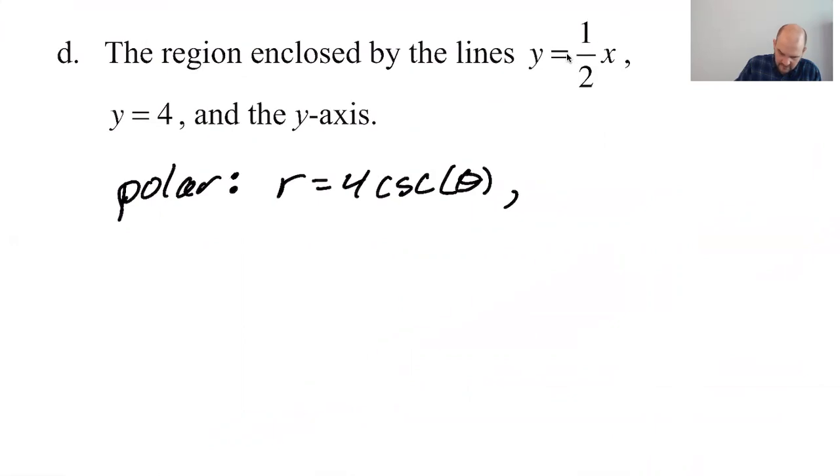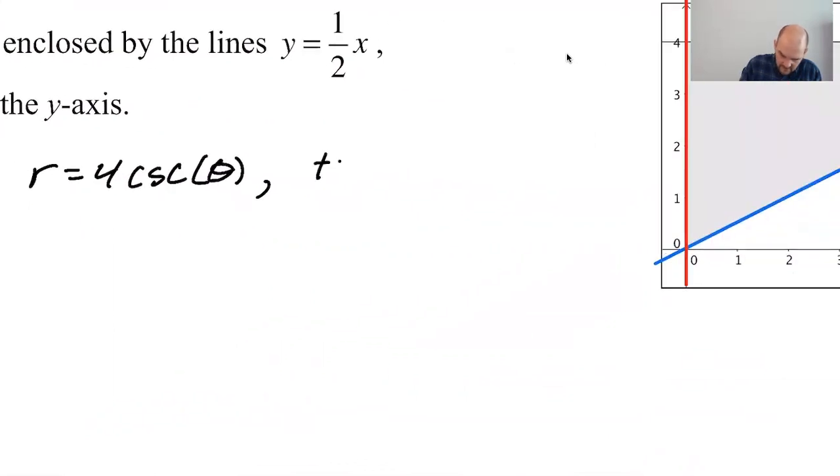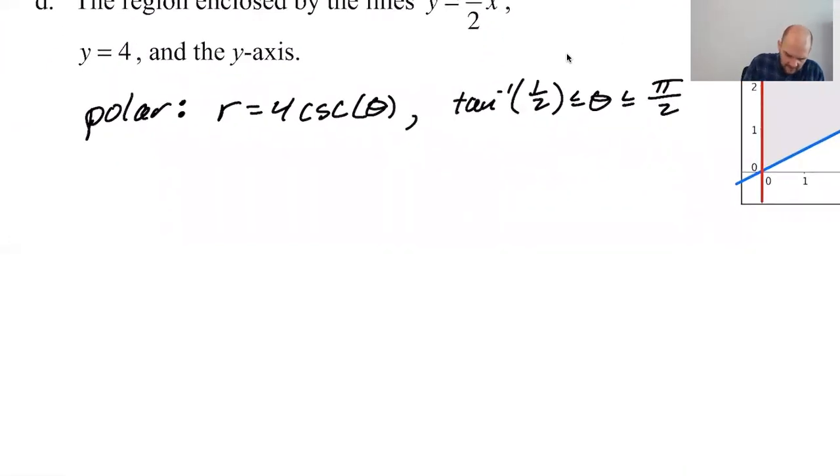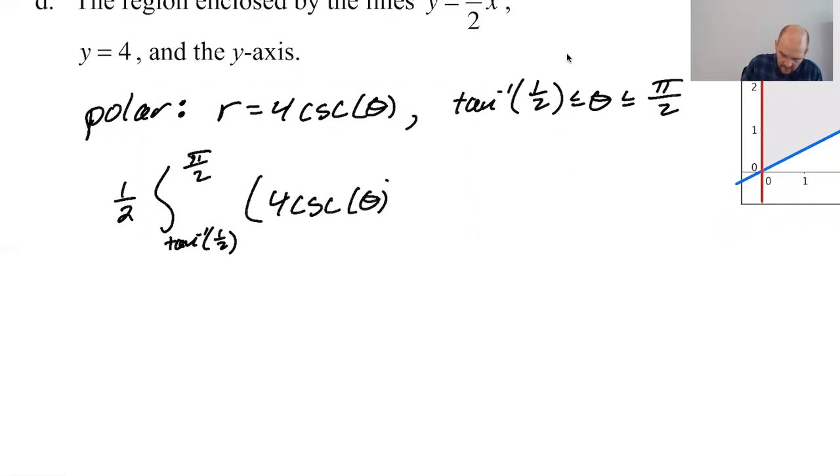And then our bounds are gross. It's tan inverse of 1/2 to pi over 2. And now we just set it up and see if we can do it. So probably 1/2 the integral from the inverse tangent of 1/2, we should just name that k or something, but I didn't, to pi over 2 of r squared d theta.